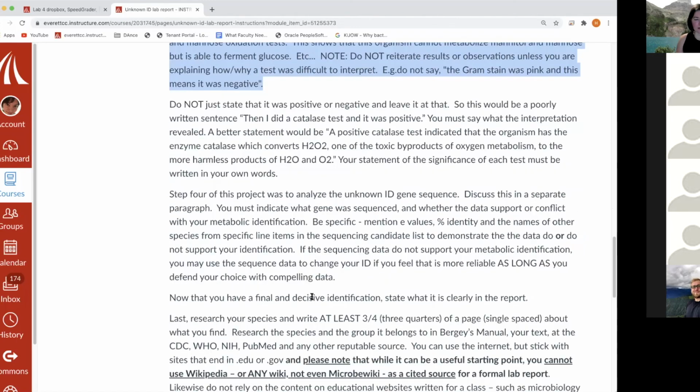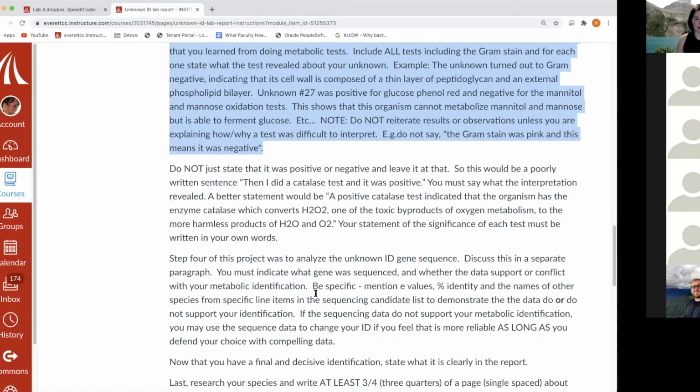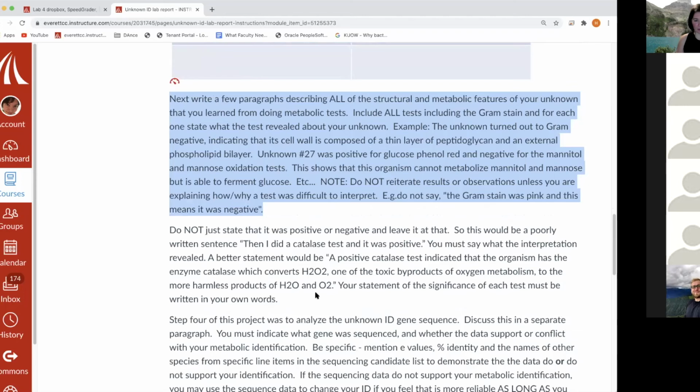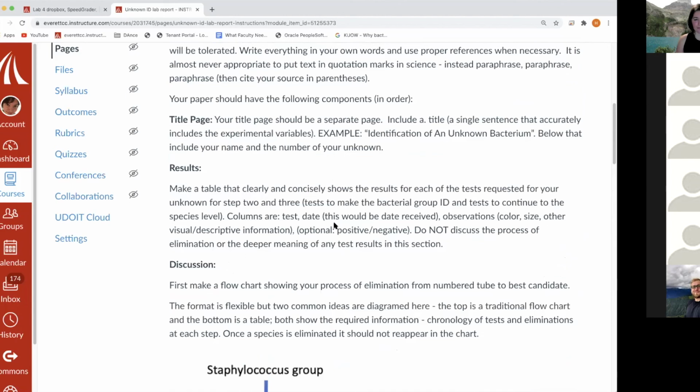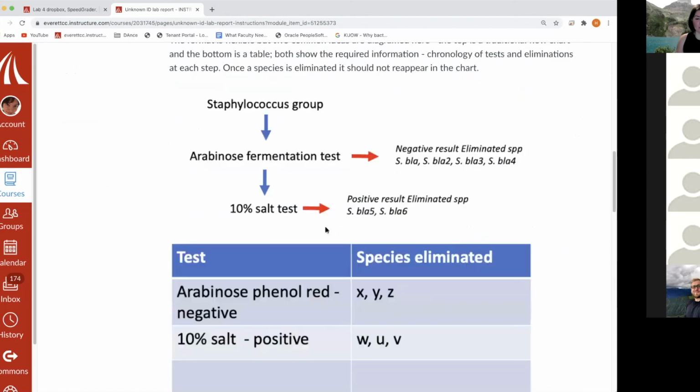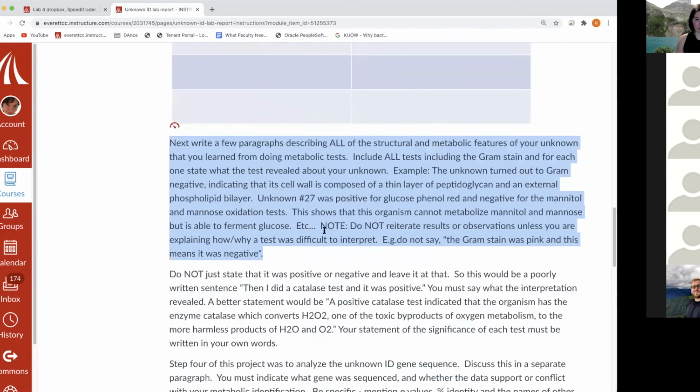All right. A few things about this, and this was mentioned earlier, but I'll just say it now. You don't want to restate observations. Observations go into the results section. So there were bubbles in the catalase test, or the fermentation test was a red broth with no bubble in the Durham tube. Those observations do not belong here in the discussion.